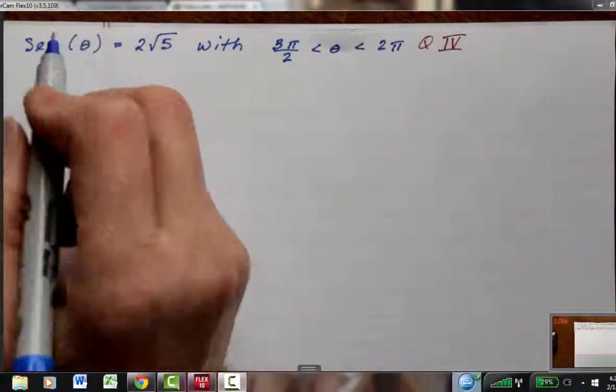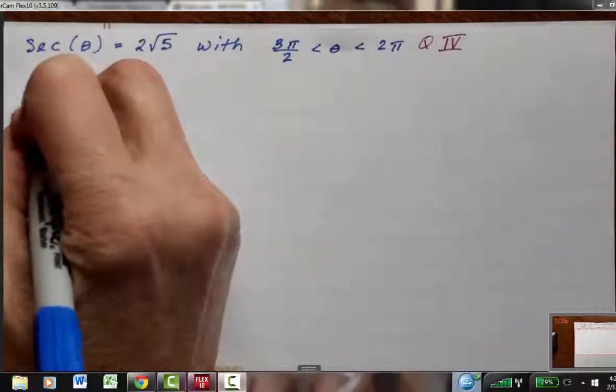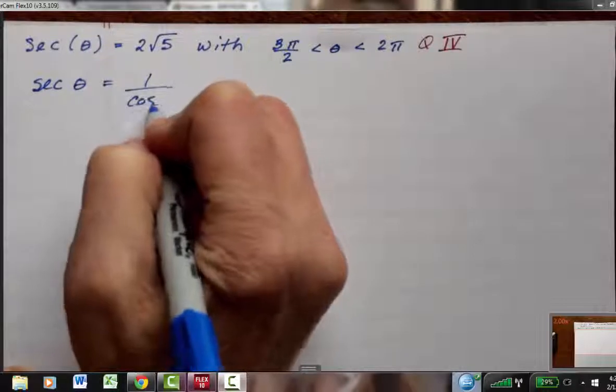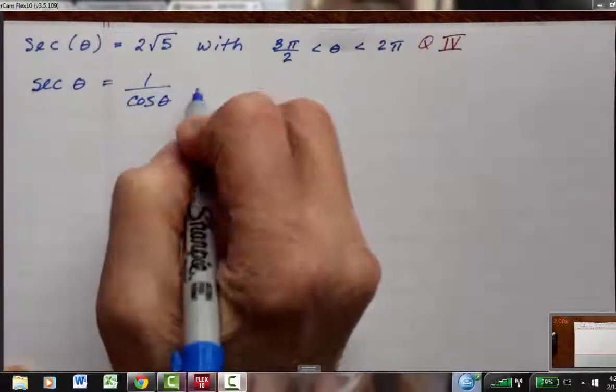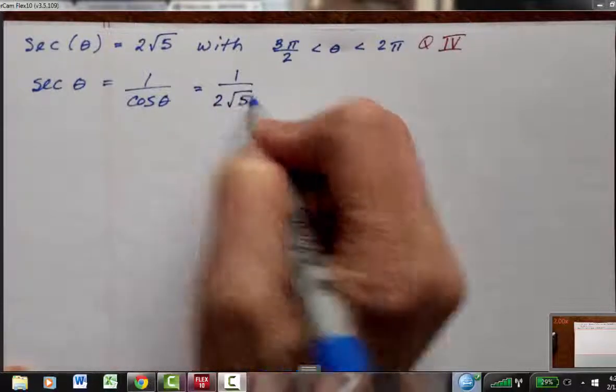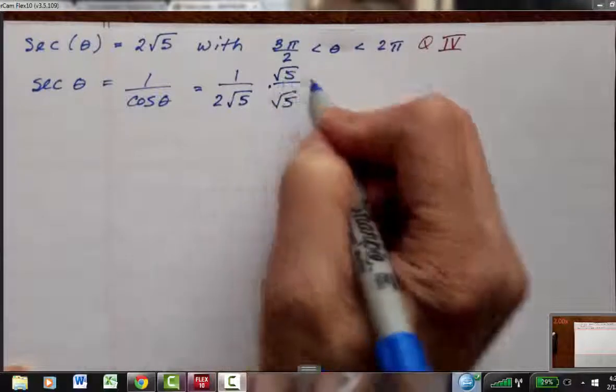Secant theta is a reciprocal identity for cosine. So secant theta is equal to 1 over cosine theta. So I need to take the reciprocal of that, which means 1 over 2 square roots of 5. Multiply and rationalize the denominator by the square root of 5 over 5.